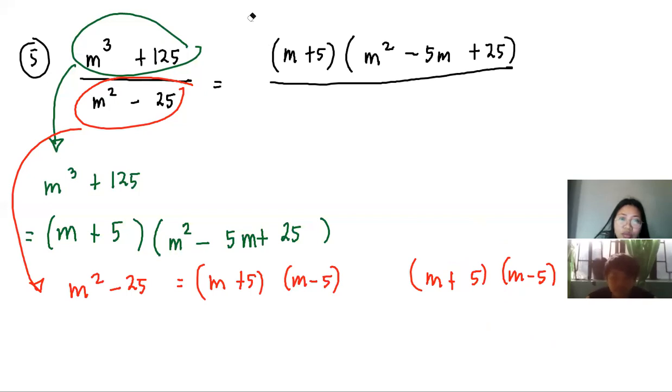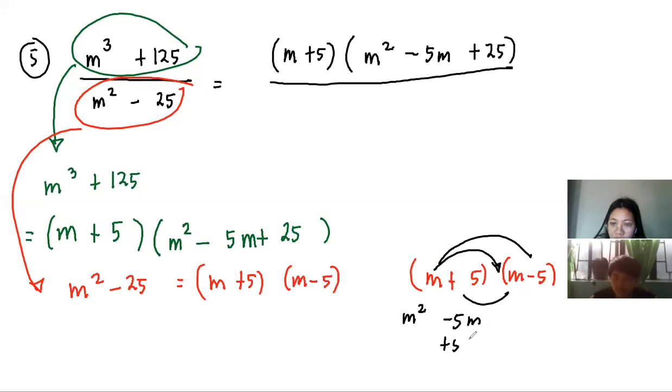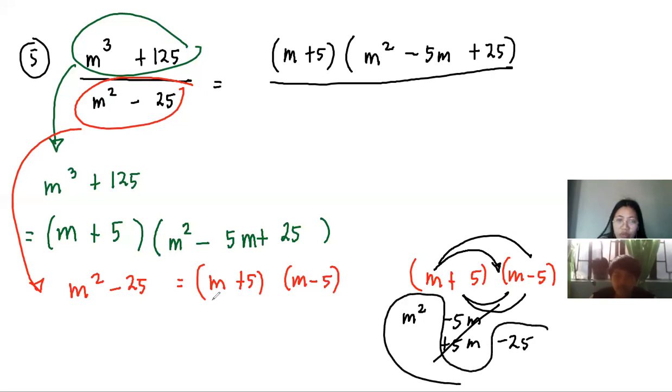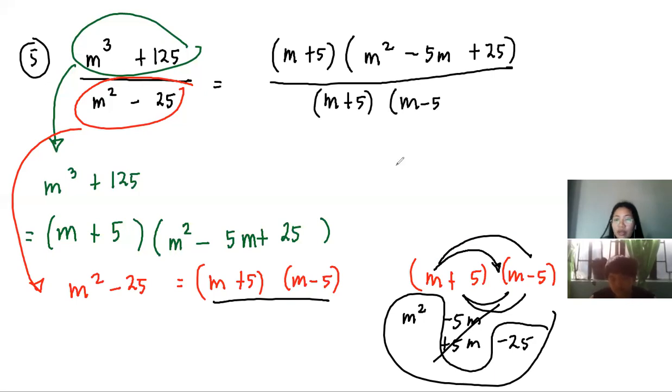So, we'll do the factoring. M squared times m times m, that is m squared, negative 5m, positive 5m, negative 25. Negative and positive will give you 0. Kaya the answer is m squared minus 25. So, ito yung factor na gagamitin natin. Tama? M plus 5 and m minus 5. Correct?